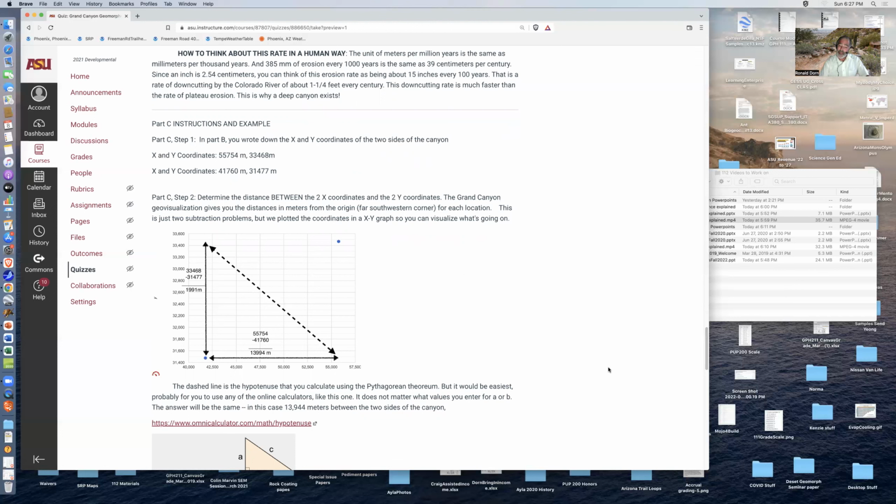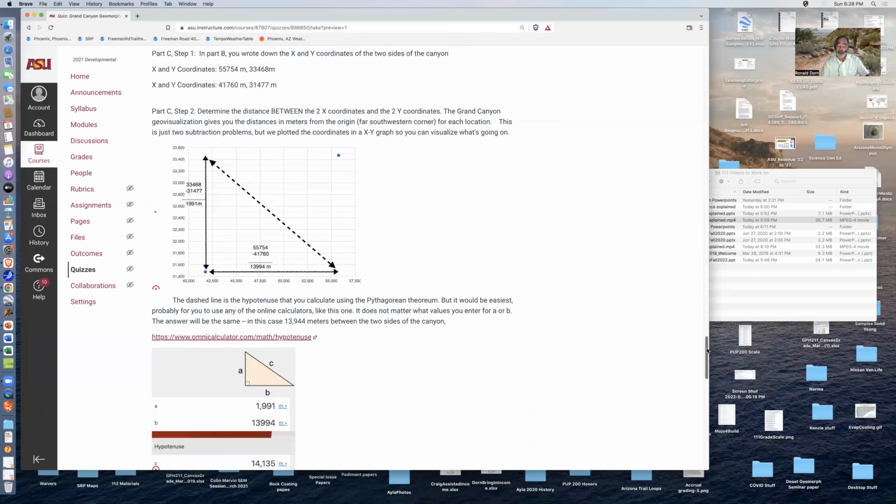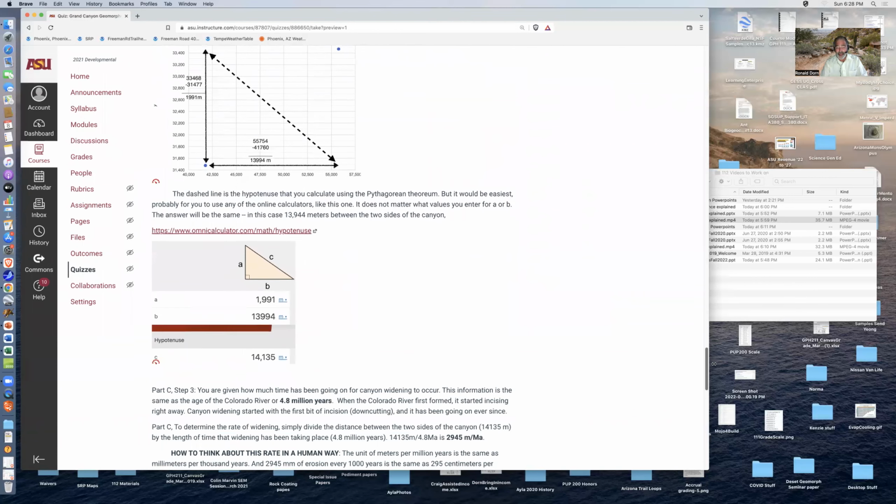So each position is an X and a Y. And so when you have two sides of the canyon represented, all you have to do is figure out the difference in the X and the difference in the Y and plug these into the Pythagorean theorem, and you'll know the distance between the two rims of the Grand Canyon. So the instructions walk you through how to do this.